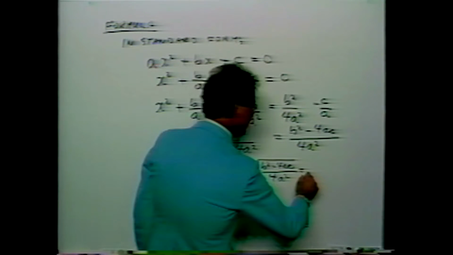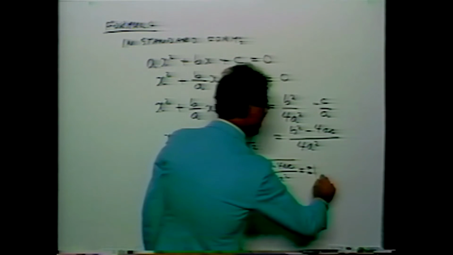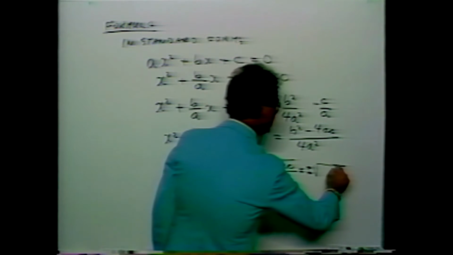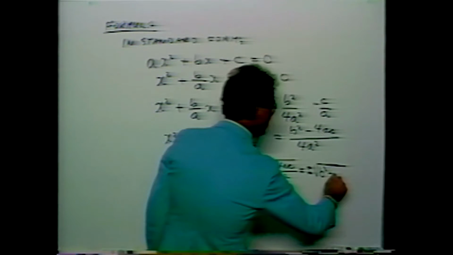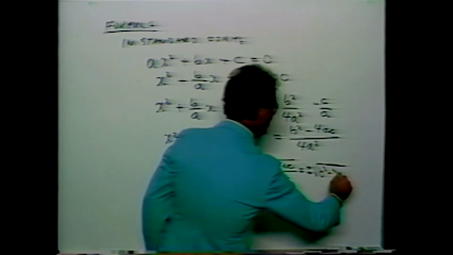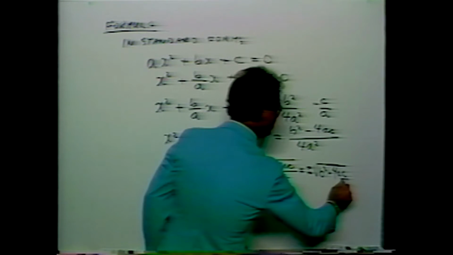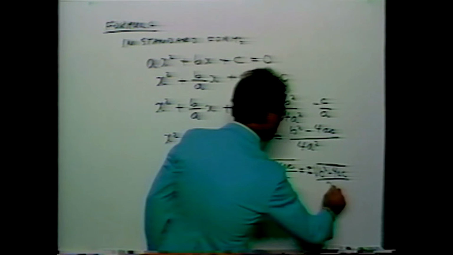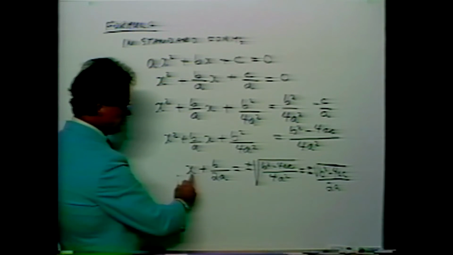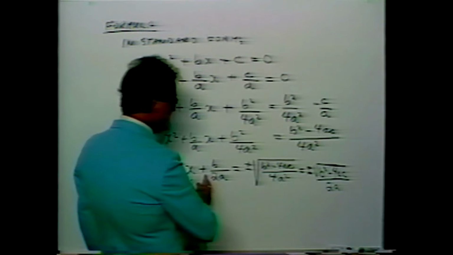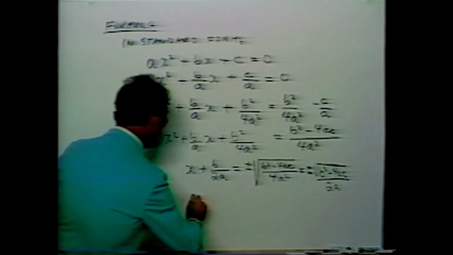This is equal to plus or minus the square root of b squared minus 4ac divided by 2a.